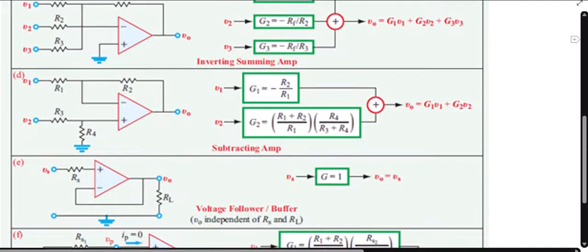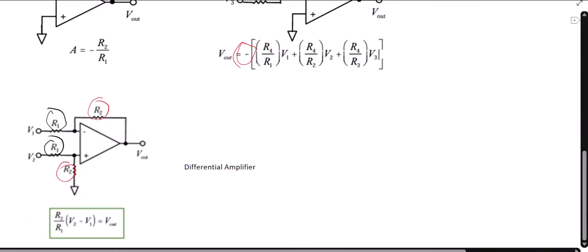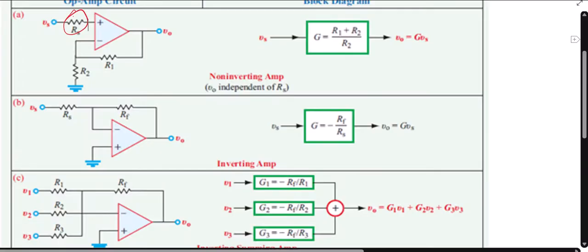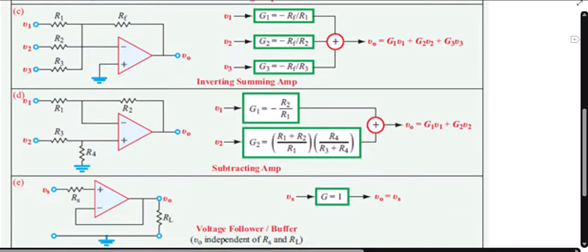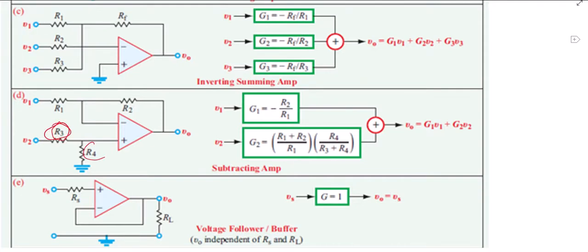It looks a lot more complicated than the one we saw here, but that's because in this one, R1, R2, R3, and R4 are all different. If you made R3 equal to R1 and R4 equal to R2, you'd have the same as the differential amplifier. Oh, actually, I think it's on the bottom of this page on the handout.